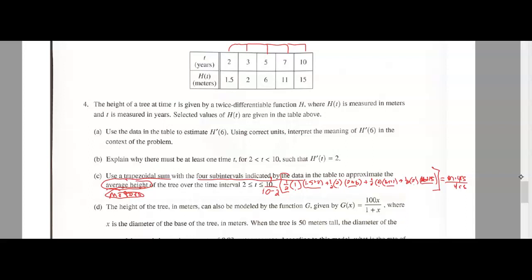What this question really is, is an average value problem. It's 1 over b minus a, integrating from a to b, f of x dx. When we do the trapezoid part, the trapezoid is approximating that part of the problem. That's what we just set up here. But then the average part is us having to multiply by that 1 over 10 minus 2 out in front.